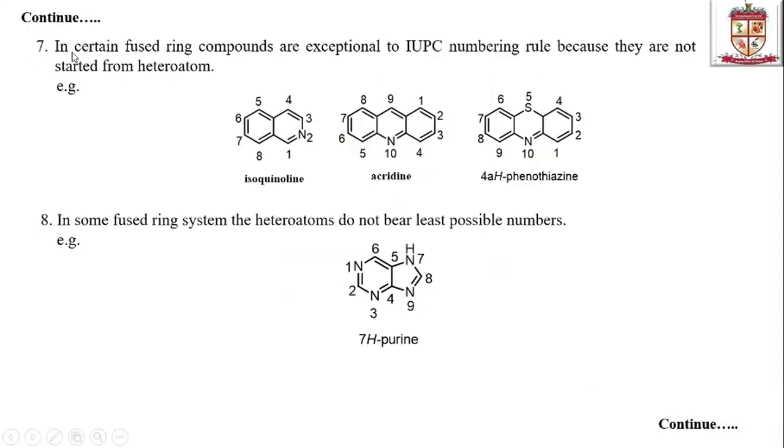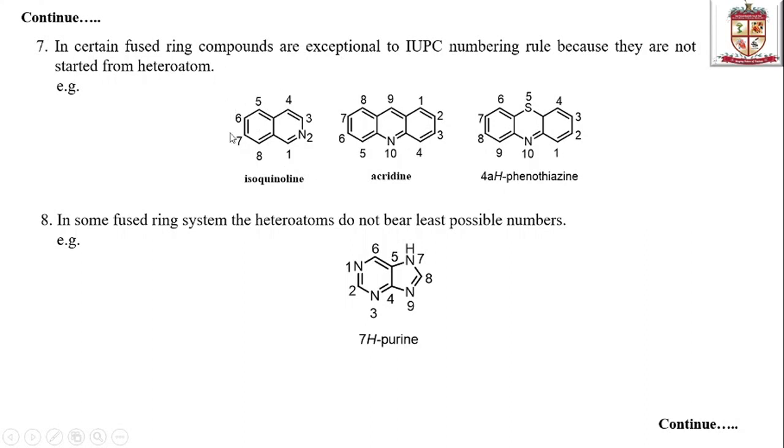In certain fused ring compounds, there are exceptions to the IUPAC nomenclature rule. We learned about five to six IUPAC nomenclature and numbering rules, but in some cases these rules are not followed and the numbering is given as in exceptional cases, like isoquinoline, acridine, phenothiazine.